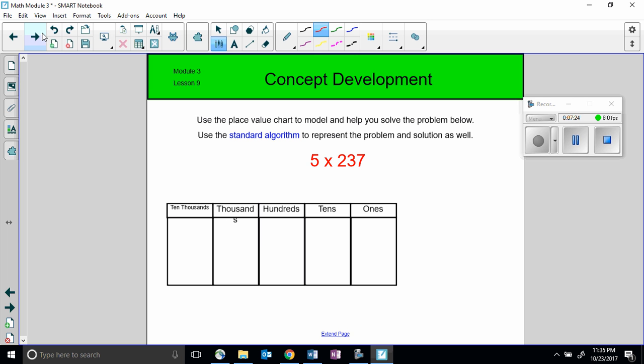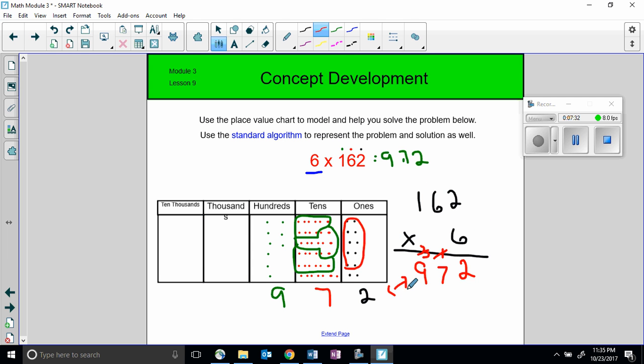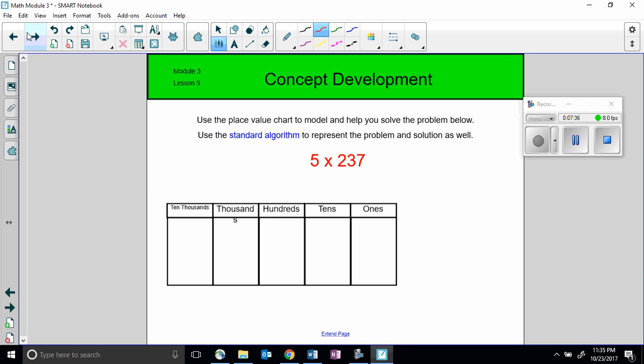Alright, same thing. This time we're going to add partial products, which looks very similar to what we did here, except it's going to look a little bit nicer. So we're going to go ahead and how many ones? 1, 2, 3, 4, 5, 6, 7. How many 3s? 1, 2, 3.